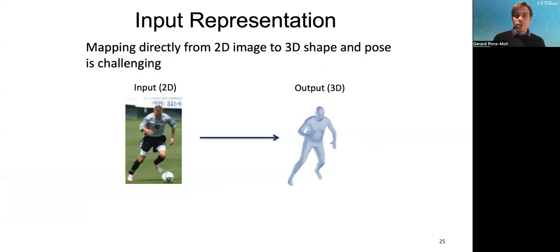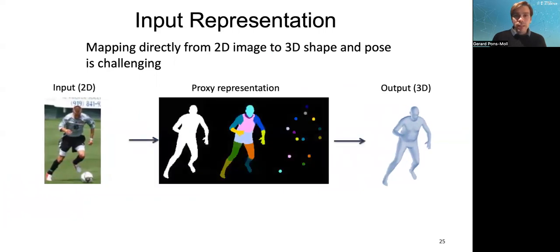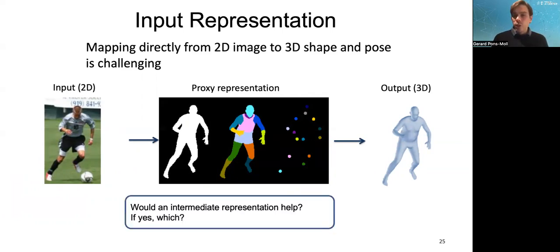So let's look at the first problem, which is this input representation, trying to find an input representation that will make it easier for the network to generalize. If that's true, the question that naturally arises is which representation is good? Is a silhouette sufficient? Is a semantic segmentation into body parts sufficient? Or are key points sufficient? That's a question, right?